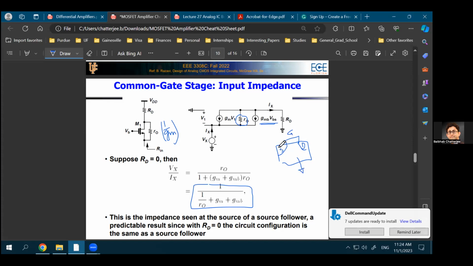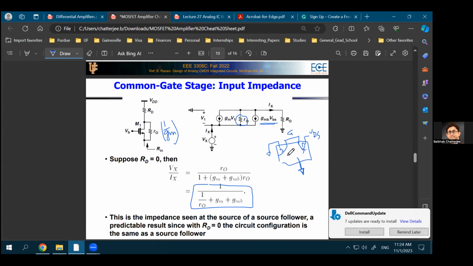Why is that? Because the source is also ground, and you do not want to forward bias the source to bulk diode. You would want to put the bulk at a lower potential, and the drain is at a higher potential. So this is at VDS. So this drain to bulk diode is reverse bias.